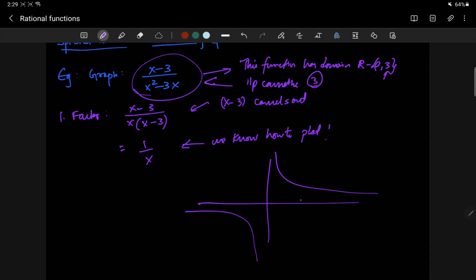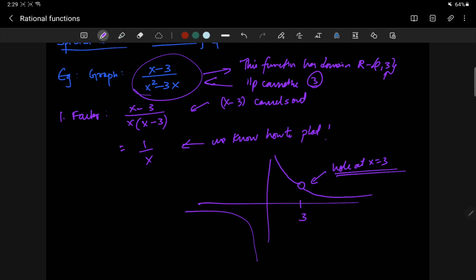So what we do is we look at x equals 3 here. That's going to erase the whole thing, and we're going to put a hole here. So there's a hole at x equals 3, meaning that there's no output at x equals 3.